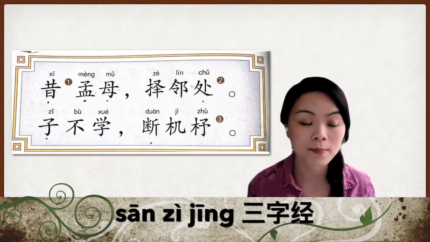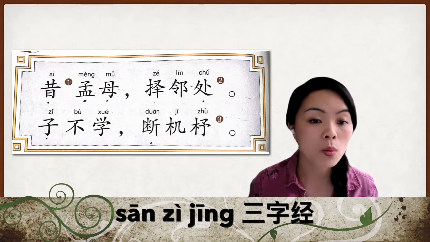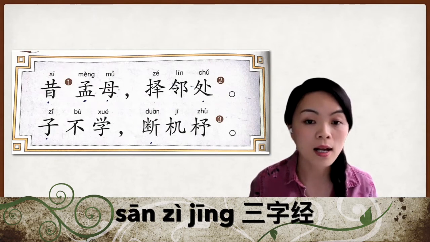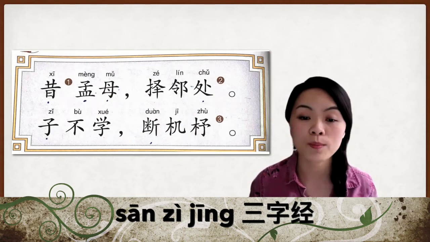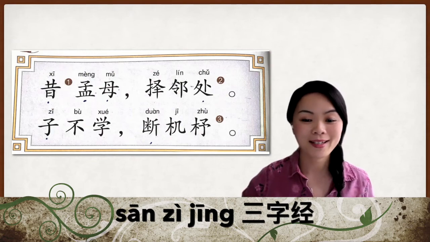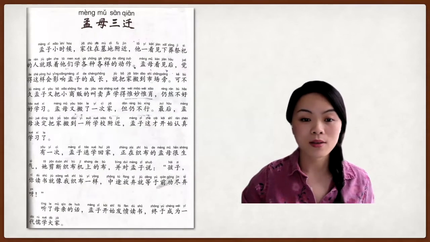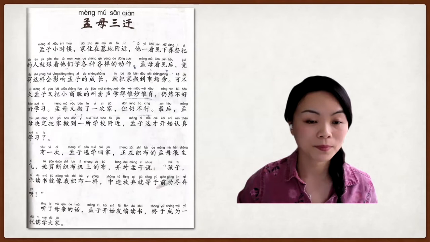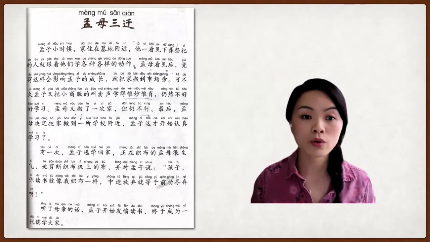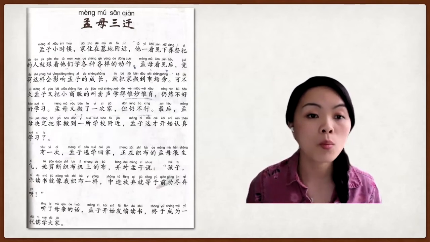Let's read one more time. 昔孟母，择邻处，子不学，断机杼. I hope you like that one. So we're going to read the story right away. So the story is about 孟母.